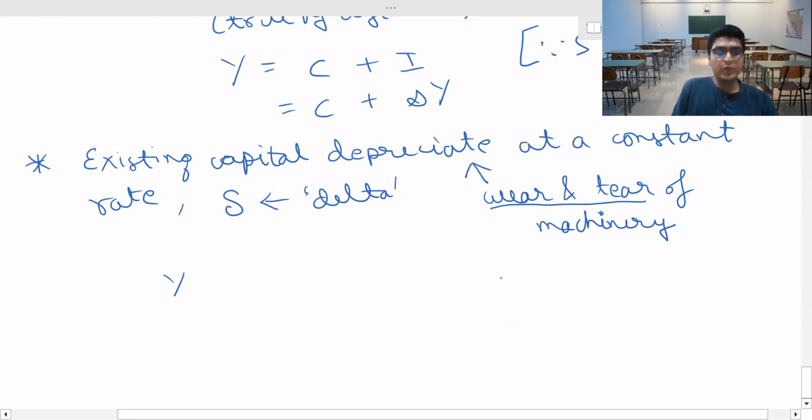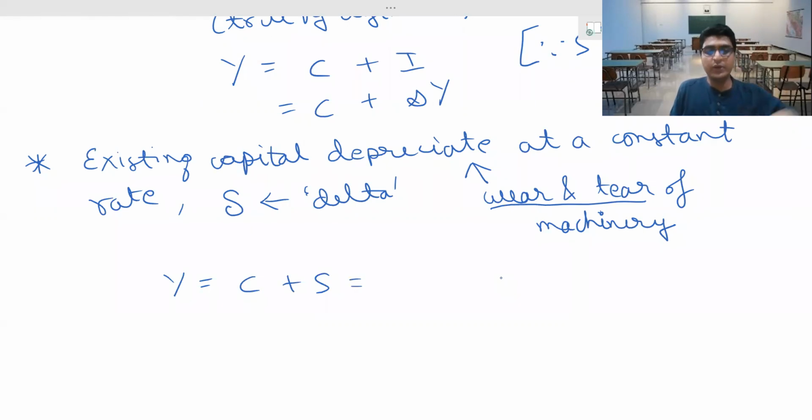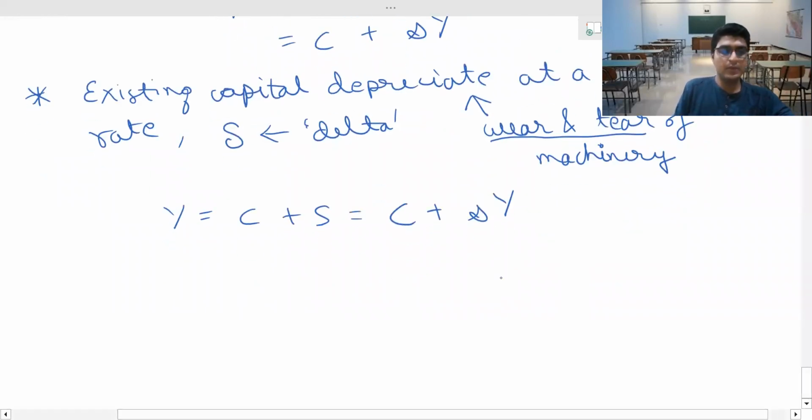So Y is equal to C plus S, which is equal to C plus saving rate into Y. Okay, we know this now. Let's understand this. Let's create a table.